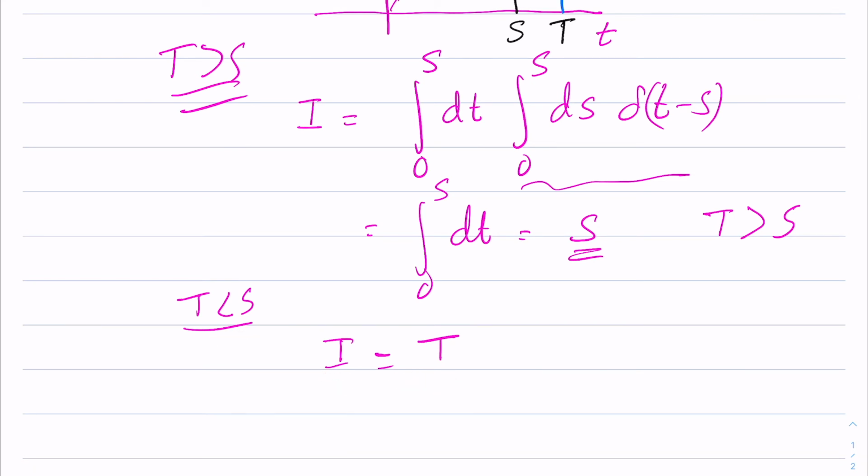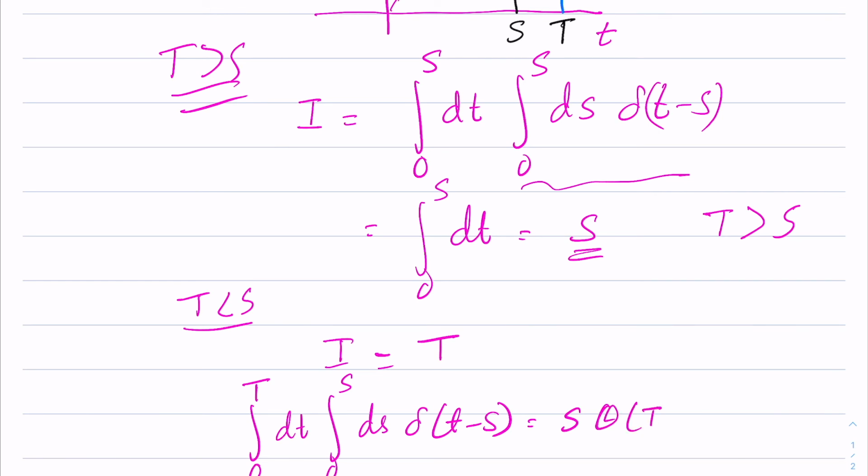So this can be written using the theta function. The whole integral, that is the integral from 0 to T, dt, integral from 0 to S, ds delta t minus s, equals, I can write it as, s times theta of t minus s.